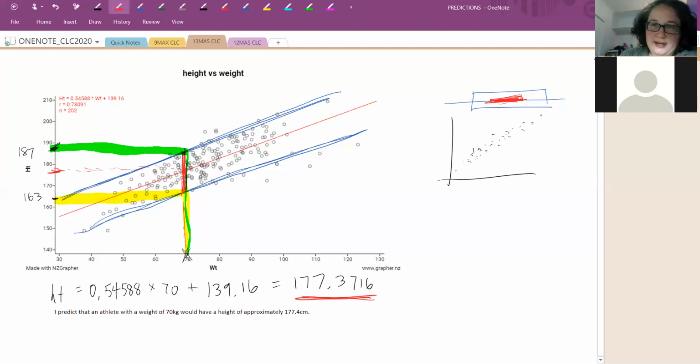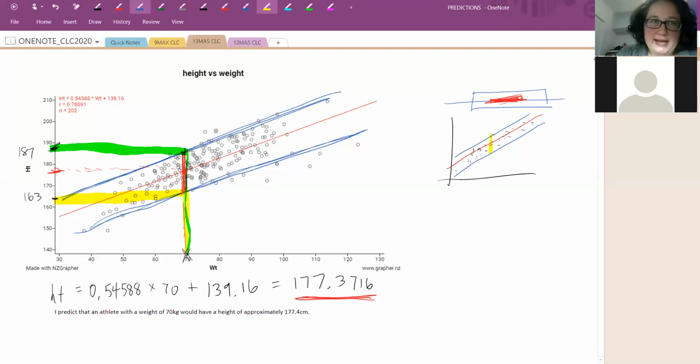I can have my regression line, and then if I drew my band of scatter, it's going to be really strong, the relationship here. And if I tried to make a prediction, that range that I have in the middle is going to be a really small range.